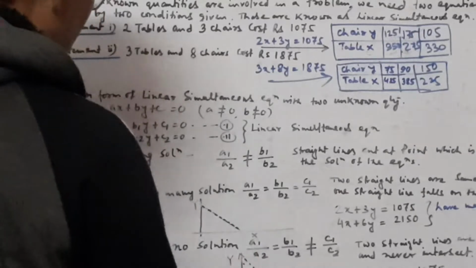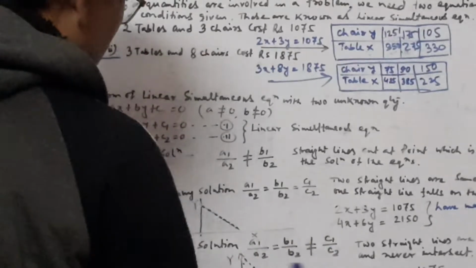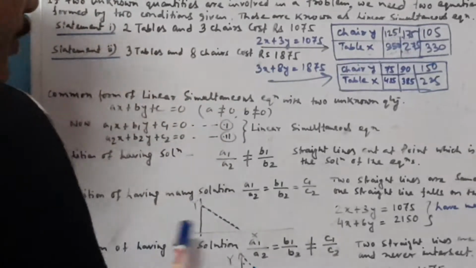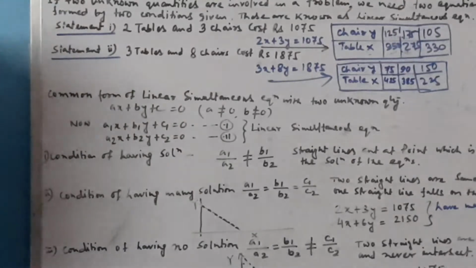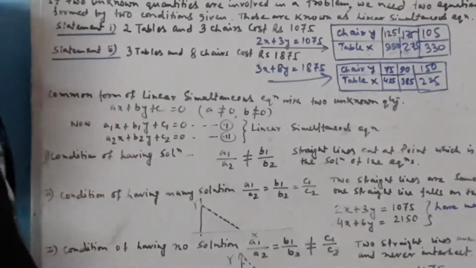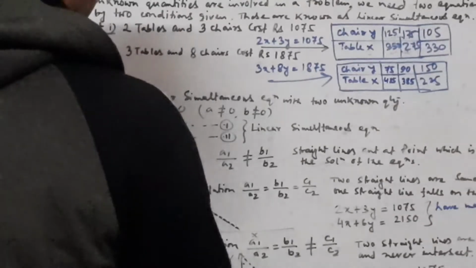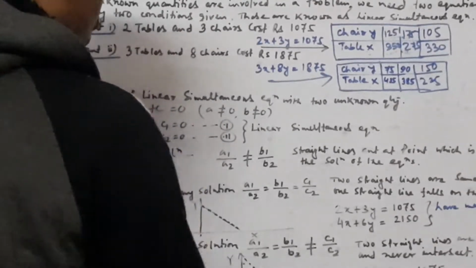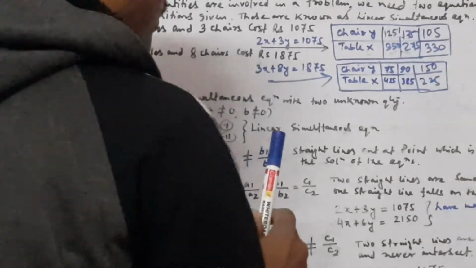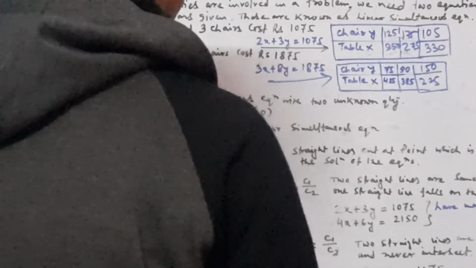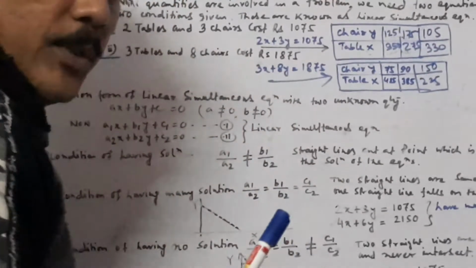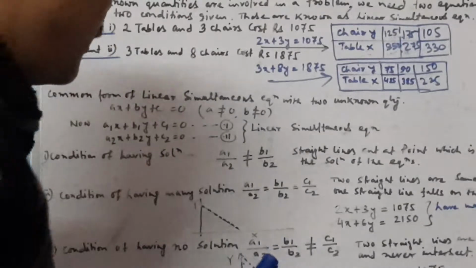And number three possibility is that there will be no solution. So, let us start with condition 1, having only one solution. That means there will be one intersection point of the two straight lines.